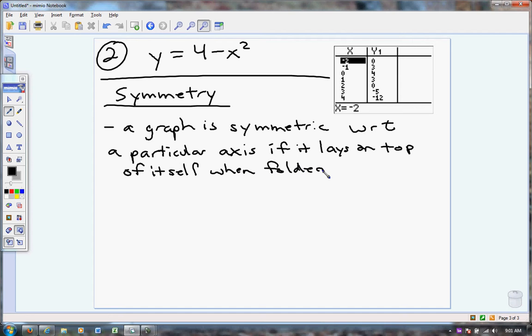That's a layman's or a basic definition of symmetry. We're going to talk a little bit more about it in a minute.